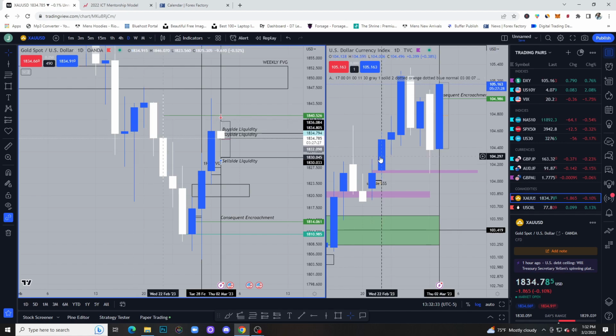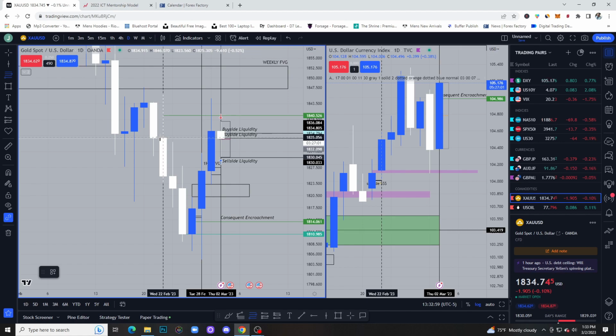So note right here, February 22nd on the daily, my bad, on the dollar, and also February 22nd of this large range day right here, this huge bullish day, right? That also formed this wick, and we formed this consequent encroachment of this level.